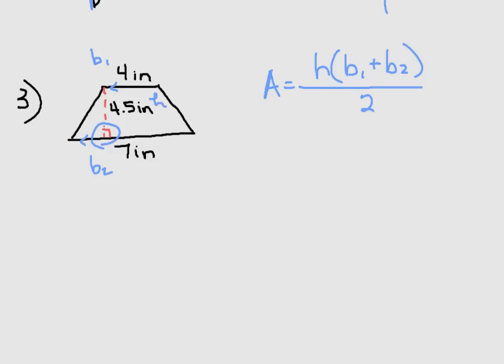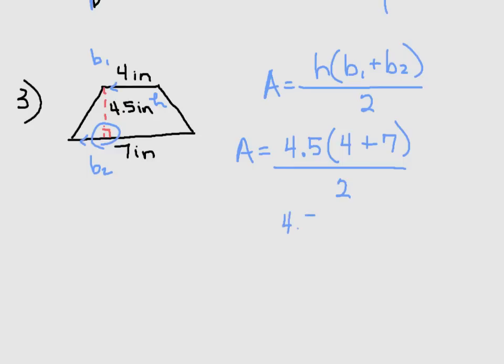Okay, let's substitute into the formula. Area equals 4.5 times 4 plus 7 divided by 2. Okay, order of operations, I must first add 4 plus 7.